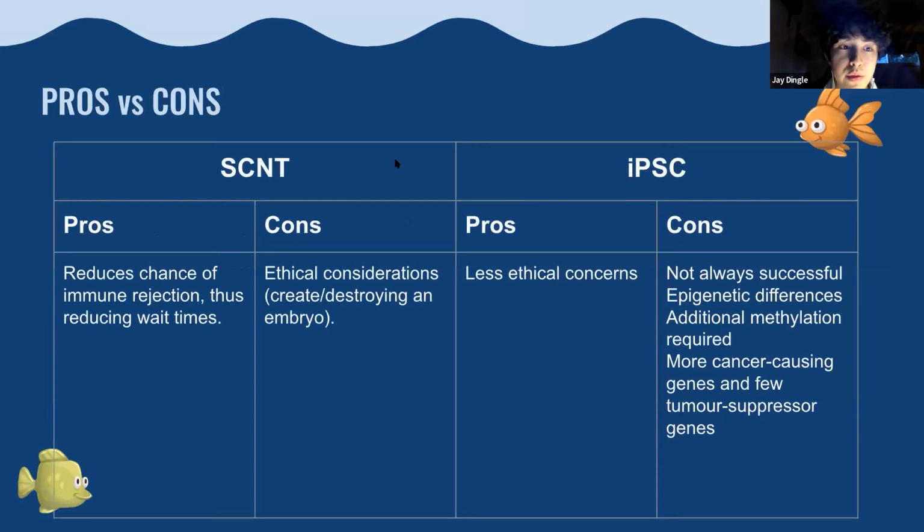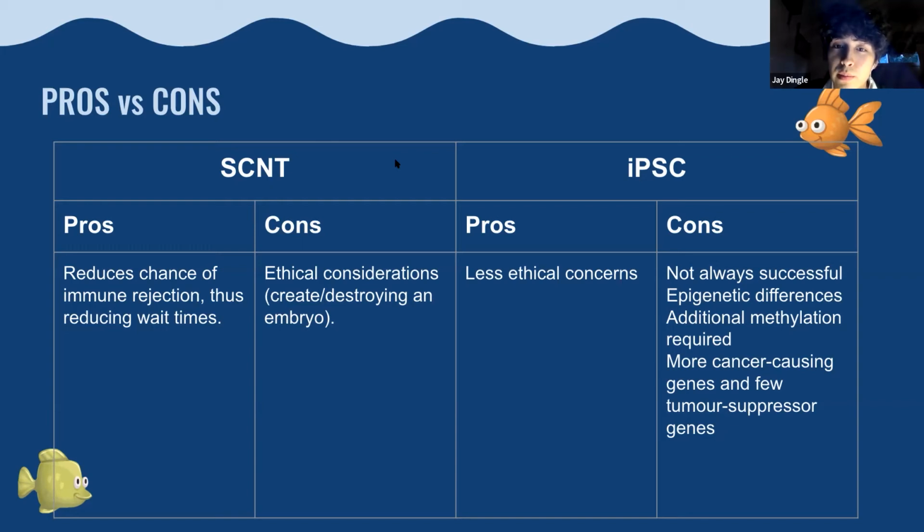Let's compare the two. So with pros, with somatic cell nuclear transfer, we've got reduced chance of immune rejection, which is really important, particularly in organ transplant surgeries. And so this will reduce wait times on the list, okay? But in terms of cons, we've got huge ethical considerations regarding creating or destroying an embryo.